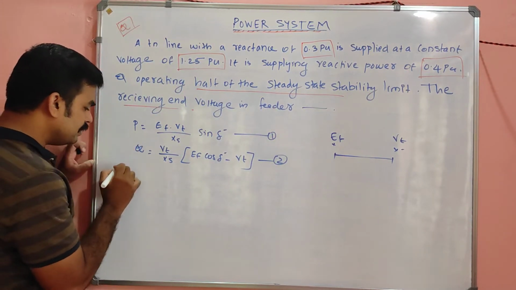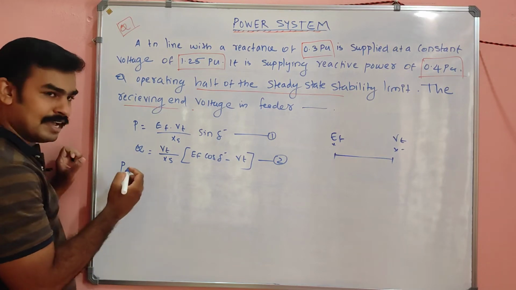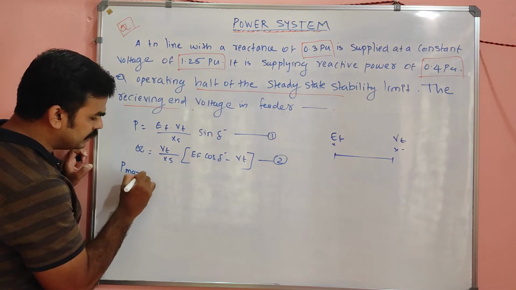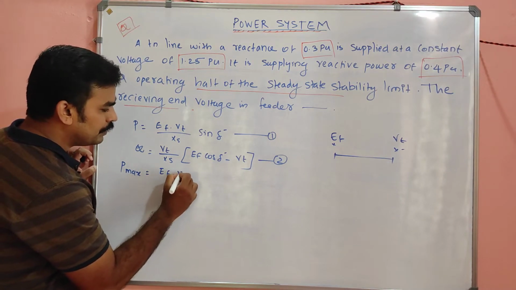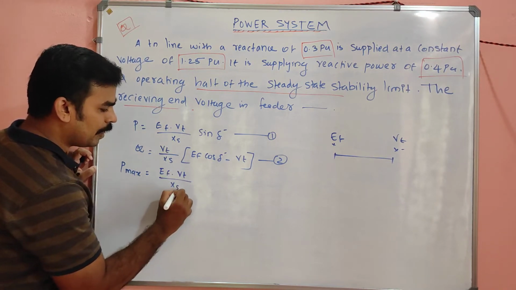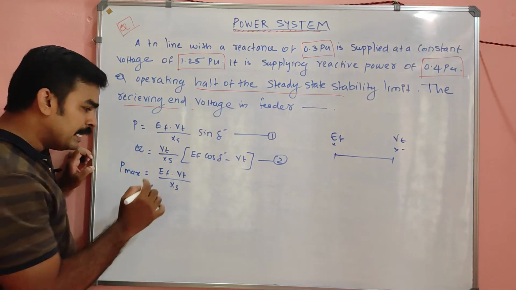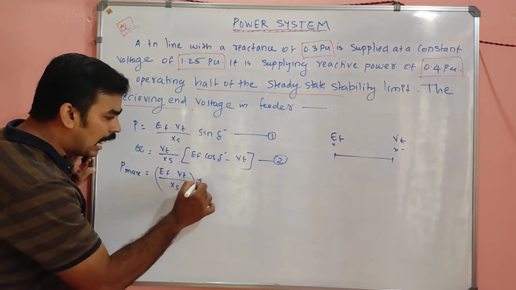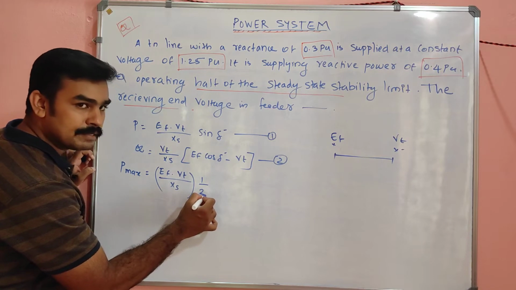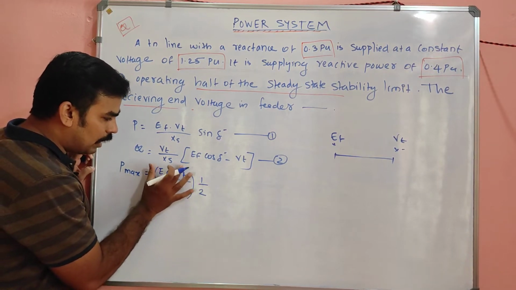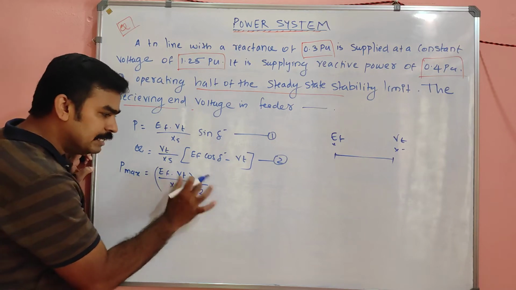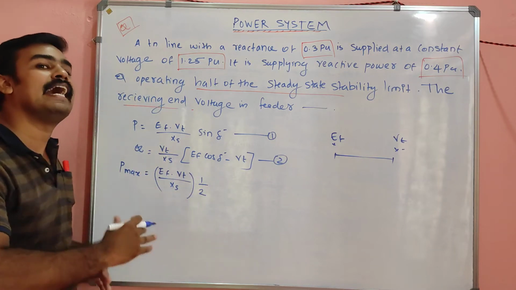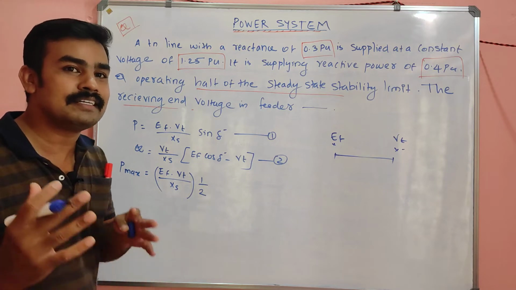The steady state stability limit is nothing but P max, and P max is EF into Vt divided by Xs. Is it clear? Operating at half of the steady state limit means some factor multiplied with the full steady state limit makes it a half steady state limit, right?